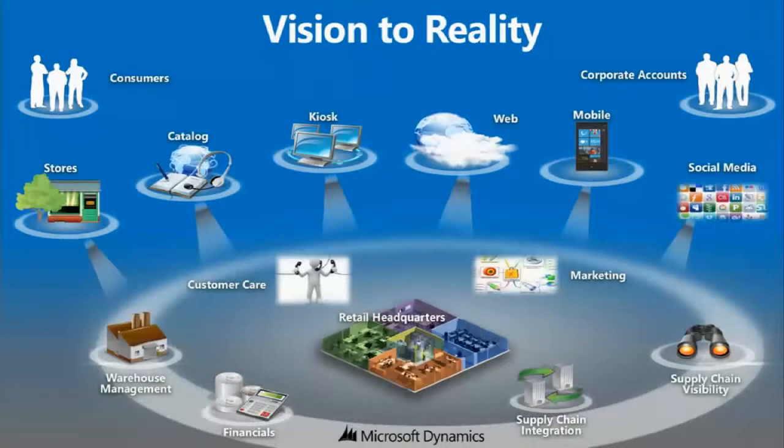We are the only vendor on a single technology stack, a single set of business rules, a single data model built from the ground up by Microsoft that is delivering this, but also allowing you the choice to put in just mobile point of sale like a Delta Airlines, or just the omni-channel order management, or the complete end-to-end experience. So this is really the culmination of this vision, and it's important to note that we're talking about 5 years. We're not talking about the 20, 25 plus years that many of our competitors have been in the market and are still trying to get here.